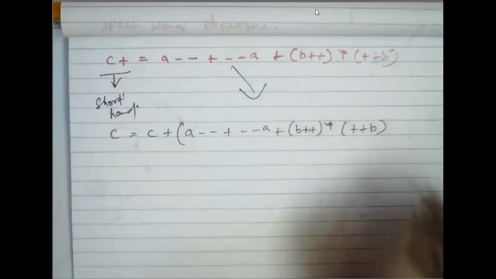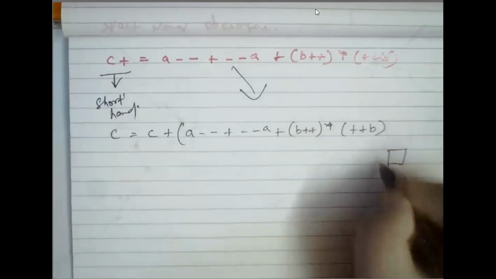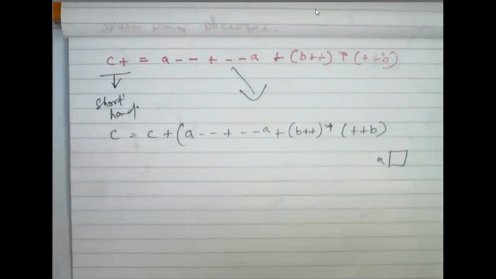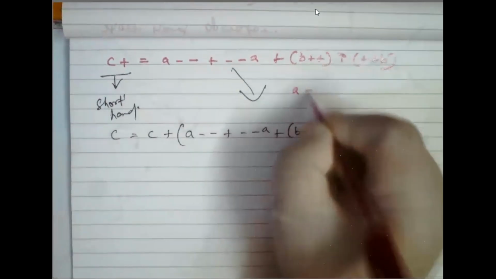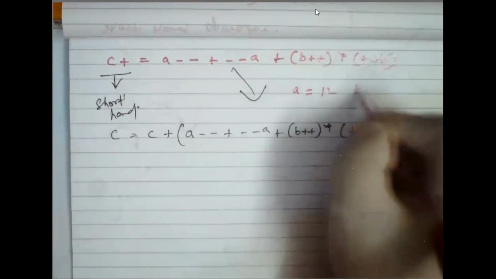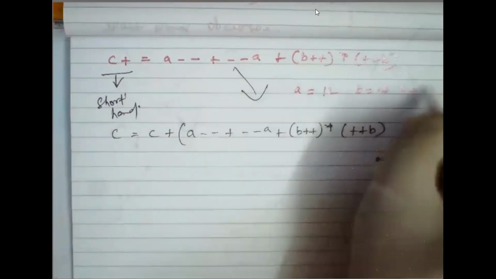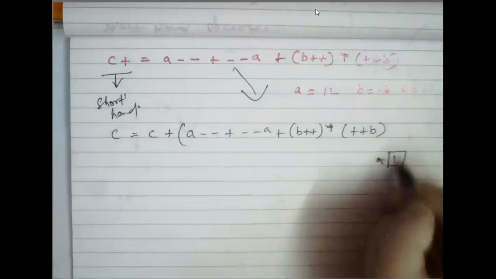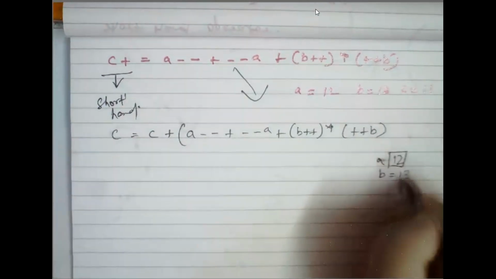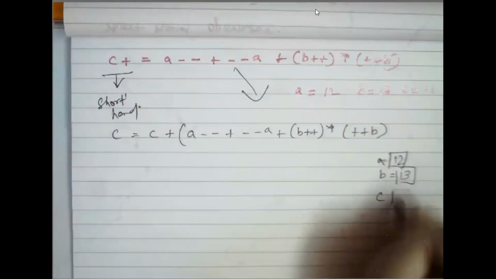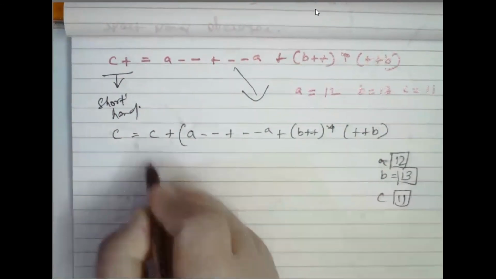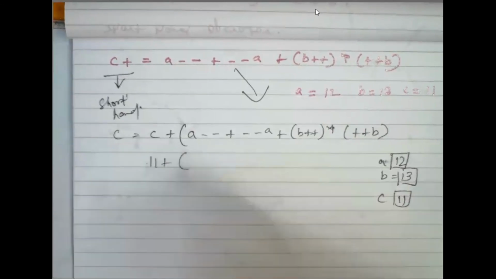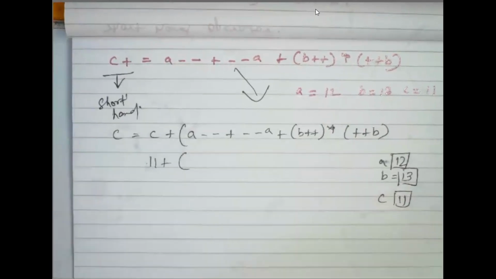I'll write on the side the memory values, which we had missed taking: A is 12, B equals 13, and C is 11. So C will take its original value, 11, plus within the bracket, a case of post-decrement.